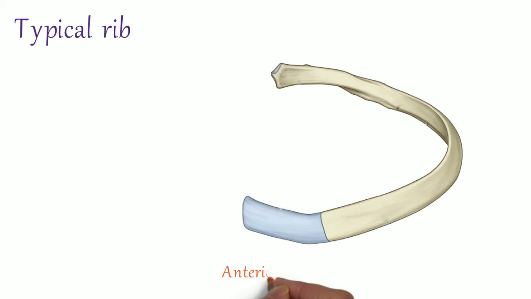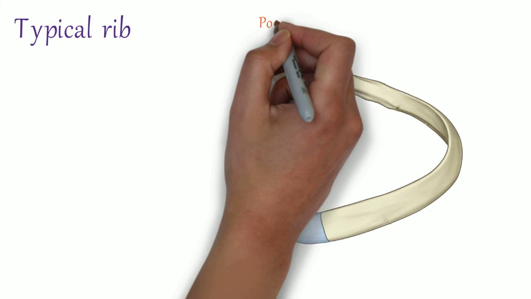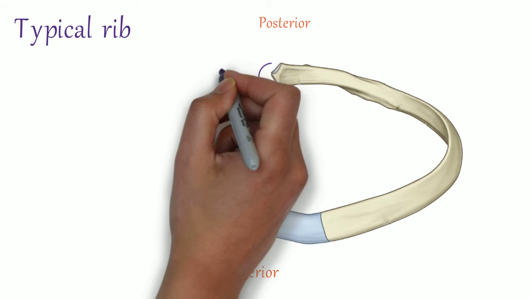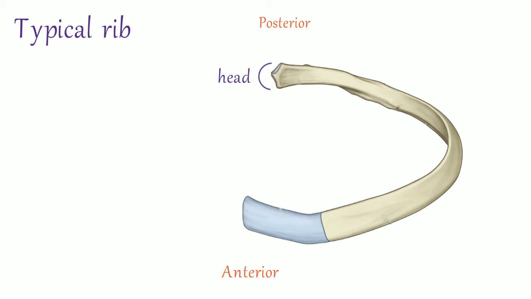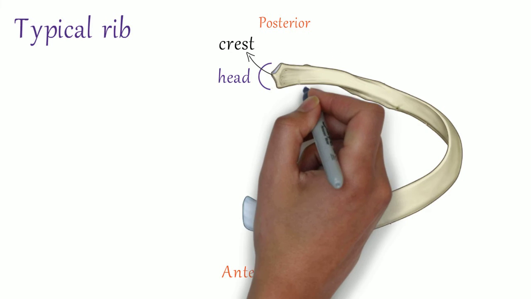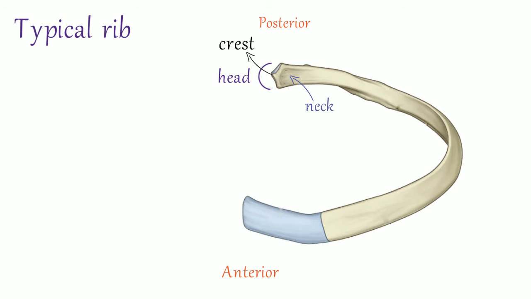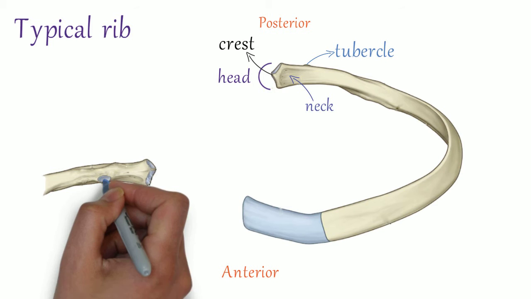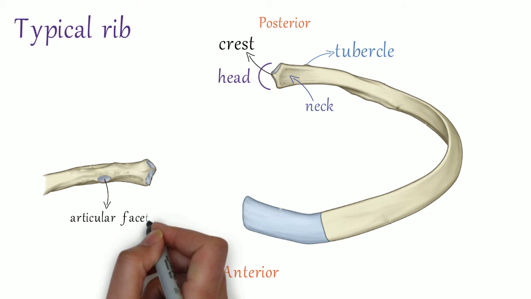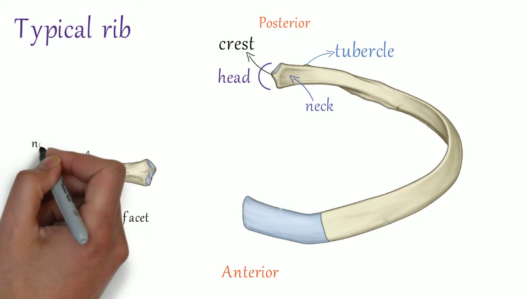This is the anterior side and this is the posterior side. This is the head. It has two articular facets separated by crest. Then this is the neck. This is the tubercle, which projects posteriorly from the junction of the neck and consists of two regions: articular facet and non-articular facet.